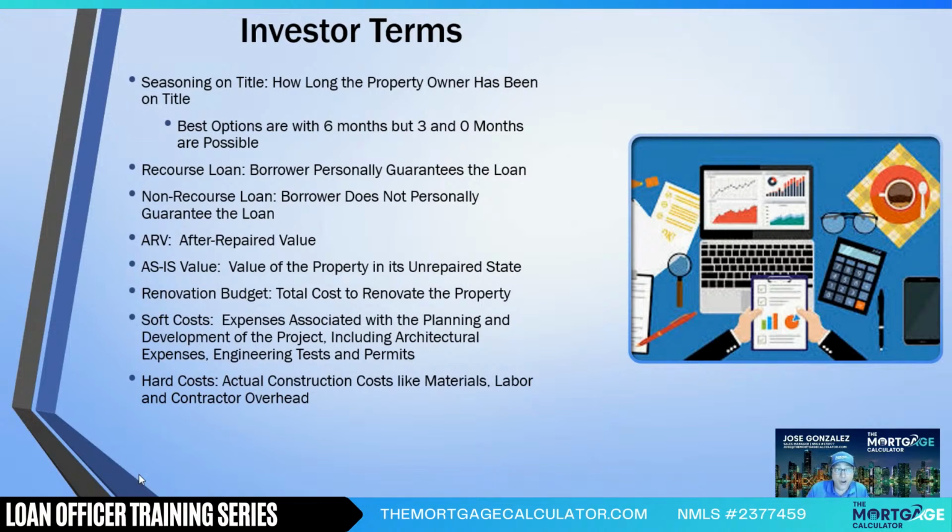Hard costs are actual construction costs like materials, labor, and contractor overhead. These are all critical terms you need to know, because you're going to need them to complete when you're searching for quote options for your fixed flip loan.